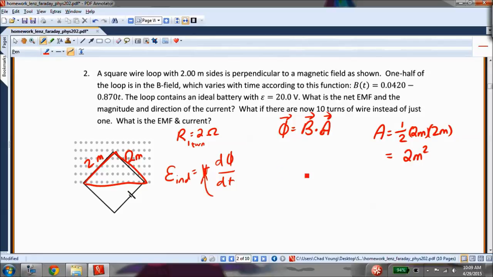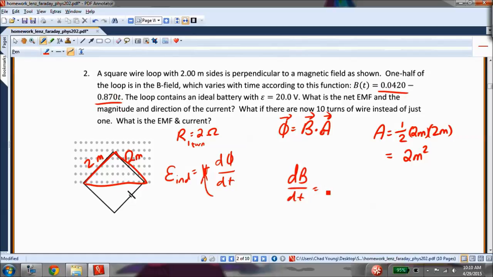Now I also need to find out what my magnetic field is and how it's changing with time. Here my B(t) is this function, 0.042 minus 0.87t.